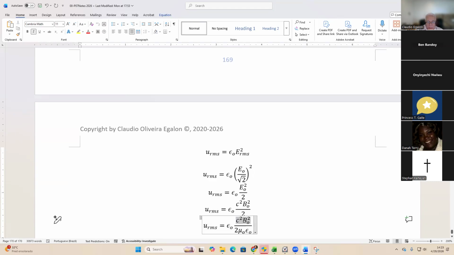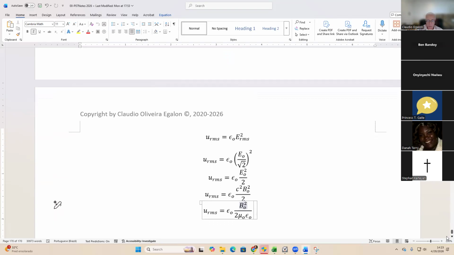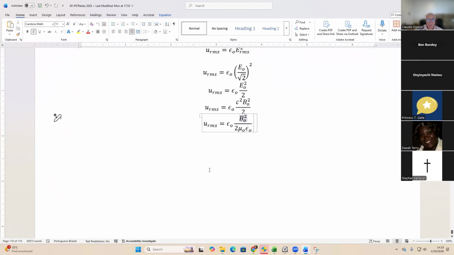And this c disappears, right? And the epsilon naught cancels out.